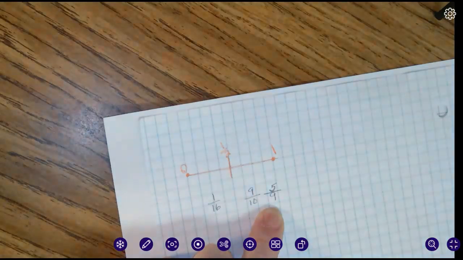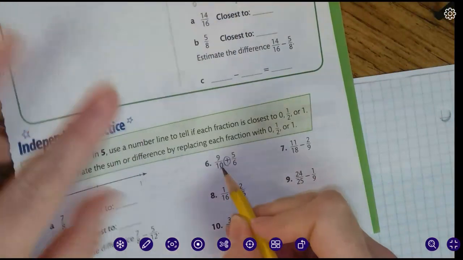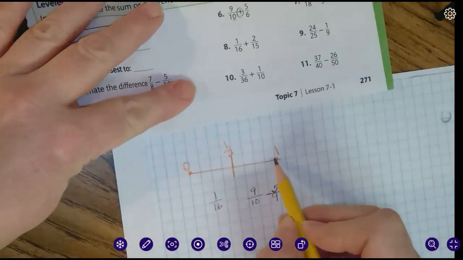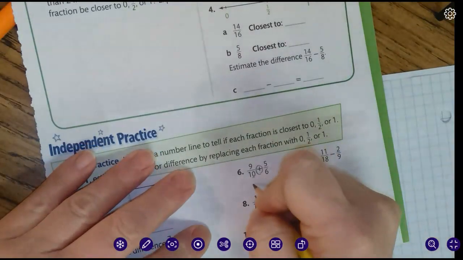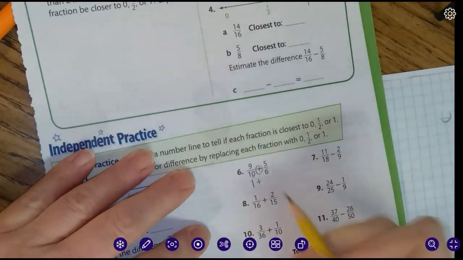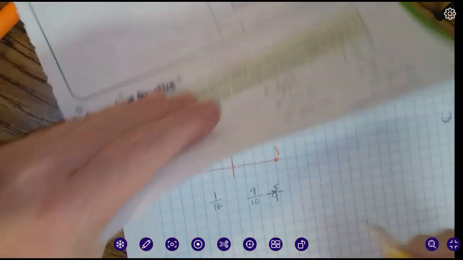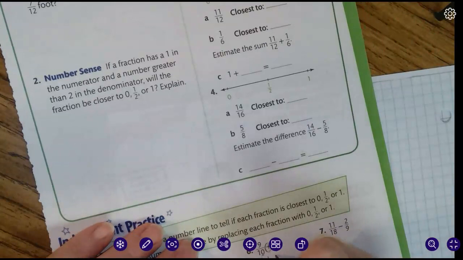All right, so let's look back at the numbers that I was working on. We have 9/10 plus 5/6. 9/10, they're very close together. If I put them on a number line, it would be over here. So I'm going to say, well, 9/10 is almost 1. And I'm going to put my operation sign down. Now I've got to decide on 5/6. Again, 5/6. That's really close, isn't it? They're right there together. 5/6 is almost 1.